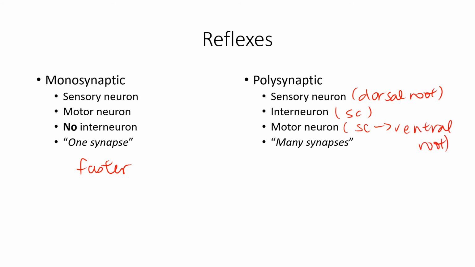Now, this particular pathway involves maybe one or more interneurons. So this type of reflex arc does have some speed to it, but it's not quite as fast as the monosynaptic pathway. No matter how you lay it out, whether it's mono or polysynaptic, reflex arcs are fast responses to a stimulus.